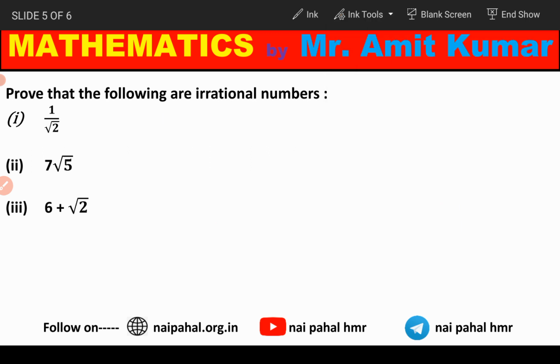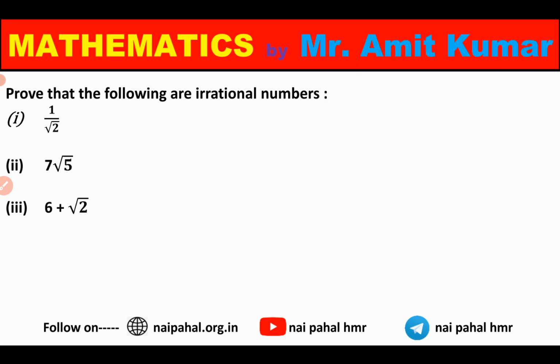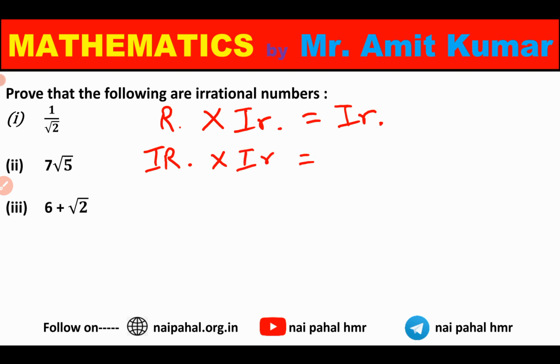If we have a rational number multiplied by an irrational number, the result is an irrational number. For the second part, we have a rational number multiplied by an irrational number, so the answer will be an irrational number.